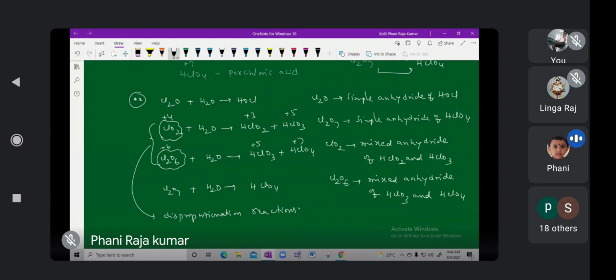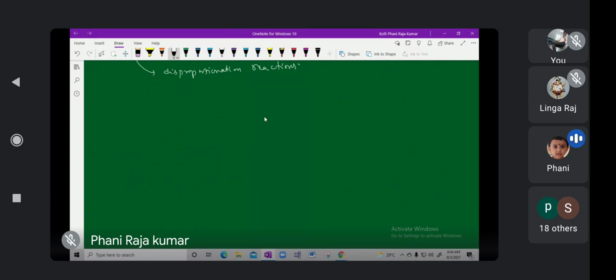That's why out of these four oxides of chlorine, two oxides give two types of salts during neutralization. That is, ClO2 and Cl2O6 give two types of salts with strong bases. Cl2O and Cl2O7 give only one type of salt. So among these four, two oxides of chlorine undergo disproportionation reaction with water as well as with alkalis.